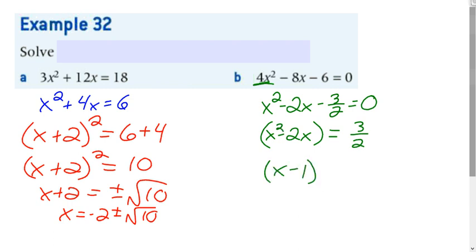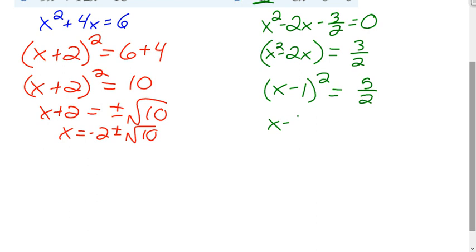So that gives me x minus 1 squared. That brought in a 1, so I have to add the 1 to the other side. Simplifying it. Add the 1 over.